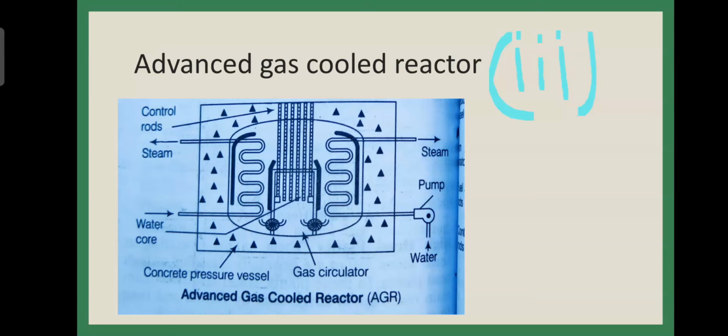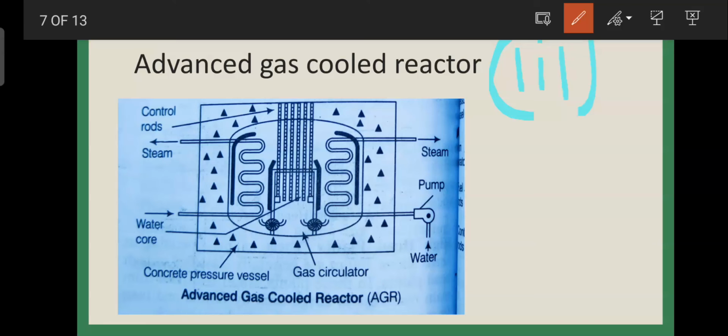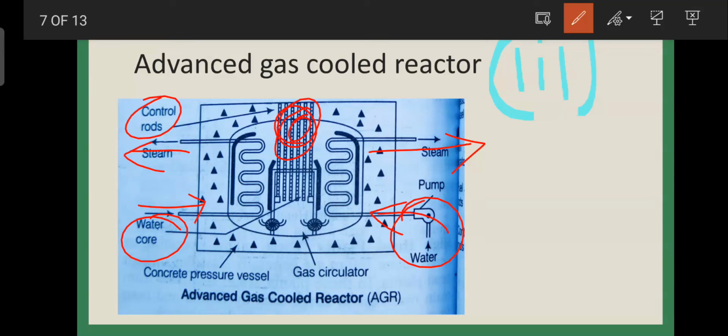So let's see the advanced gas reactor. In this advanced gas reactor, there are some control rods. These lines are showing the control rods, and this is the steam output. Here is also a steam output on both sides, and this is the water entering on this side, and this is also our water entering on this side.